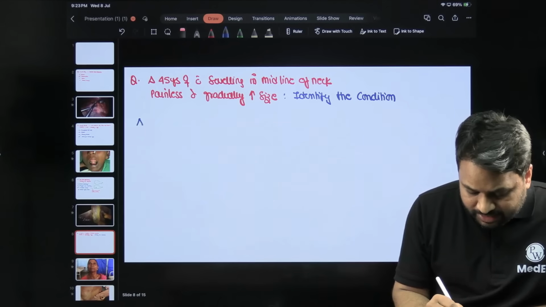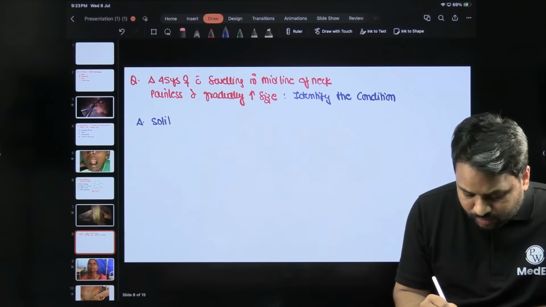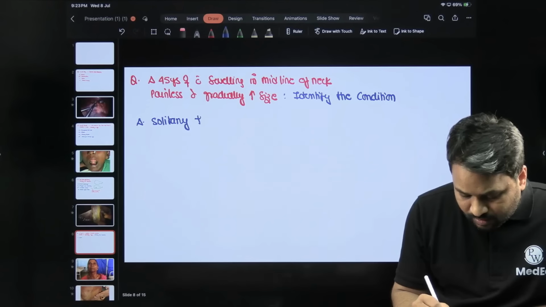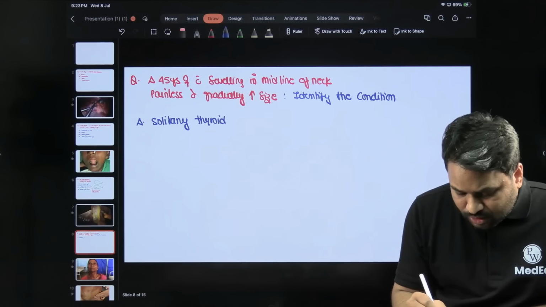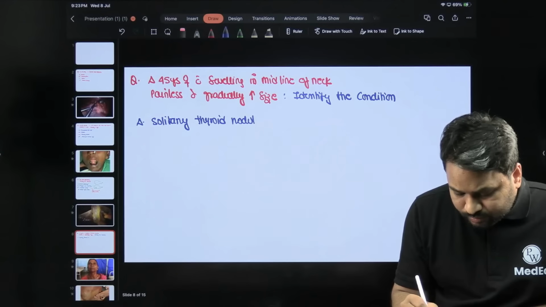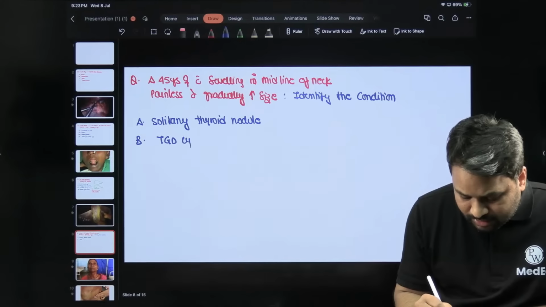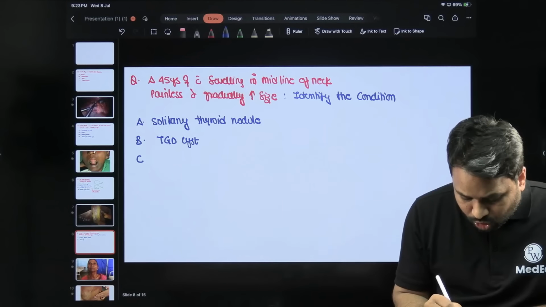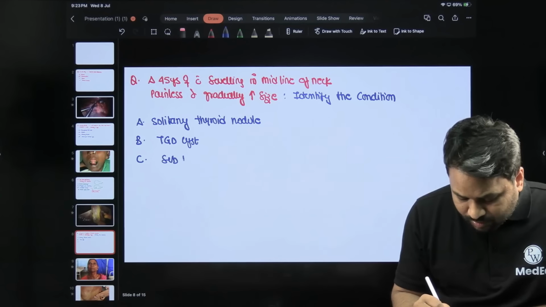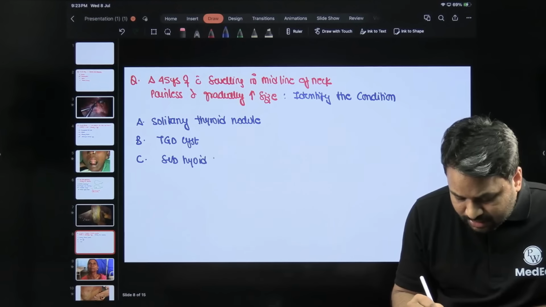Option A, is it a solitary thyroid nodule? Option B, is it a thyroglossal duct cyst? Option C, is it a subhyoid bursitis?